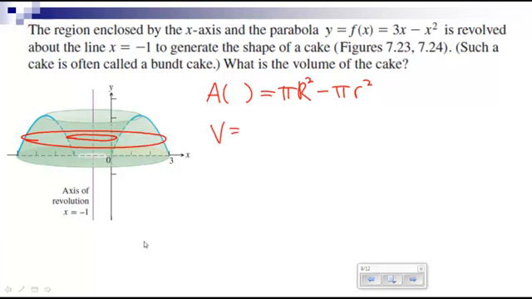The volume is going to be the integral of this area times a little bit of thickness. Now I'm going to hold my fingers like this, because the thickness of that washer is in that direction.